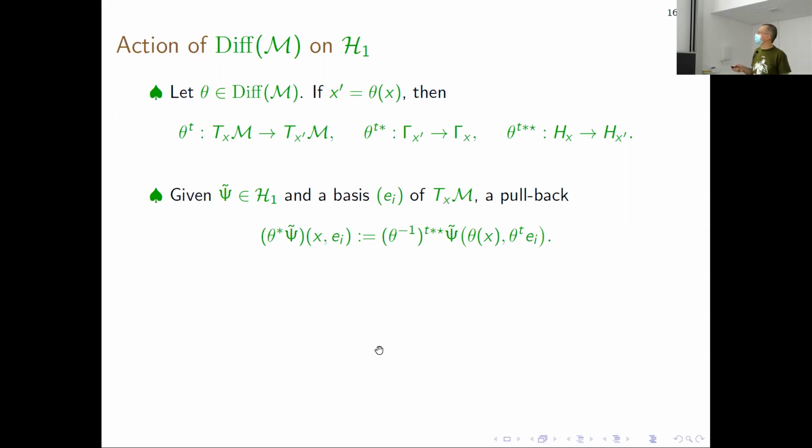So it is reasonable to treat this as a definition of a pullback of a Hilbert half-density.